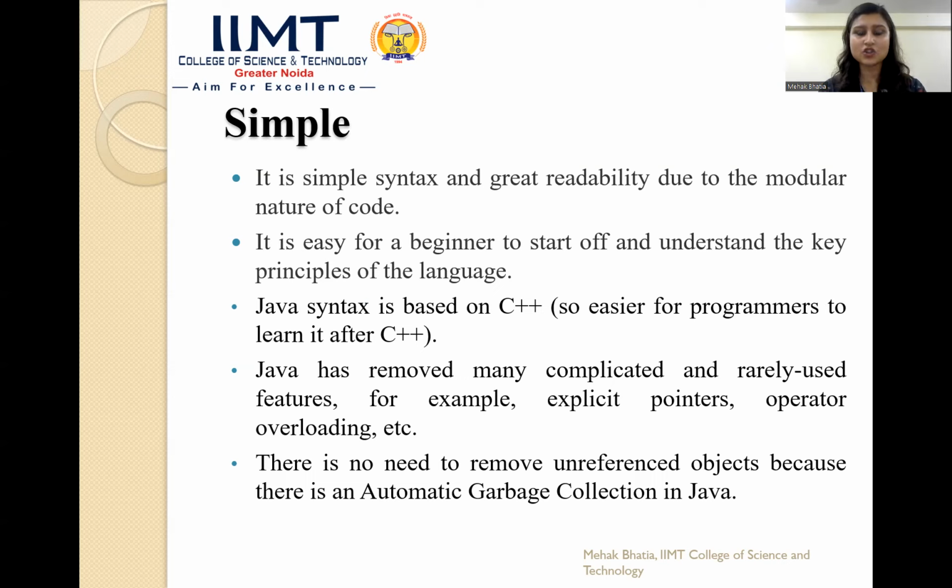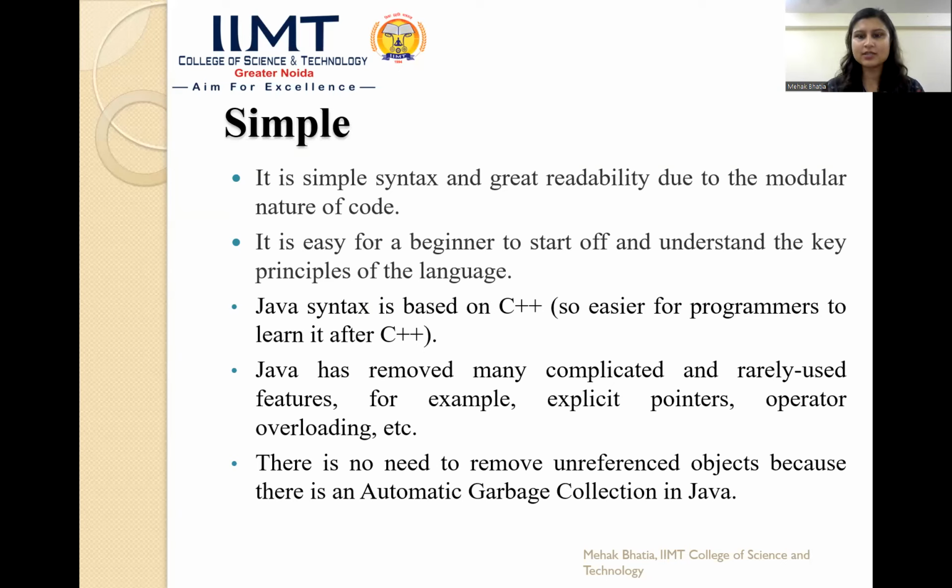Java syntax is based on C++, so it is easier for programmers to learn Java after learning C++. Java has removed many complicated and rarely used features, for example, explicit pointers and operator overloading.